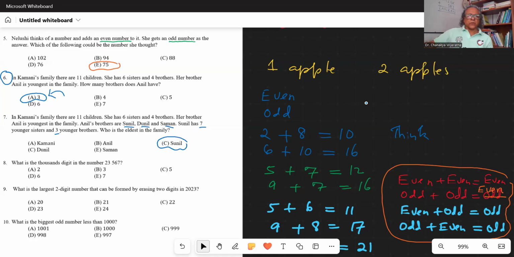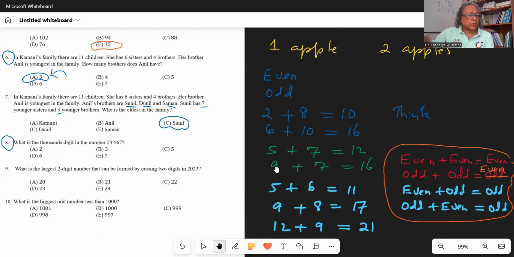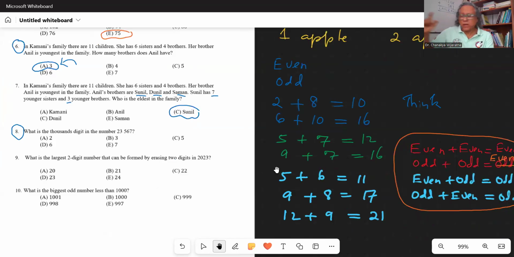All right. So we go to the next question, number 8. What is the thousands digit in the number 23,567? Now, we talked about digits at the beginning, and this is the thousands digit.